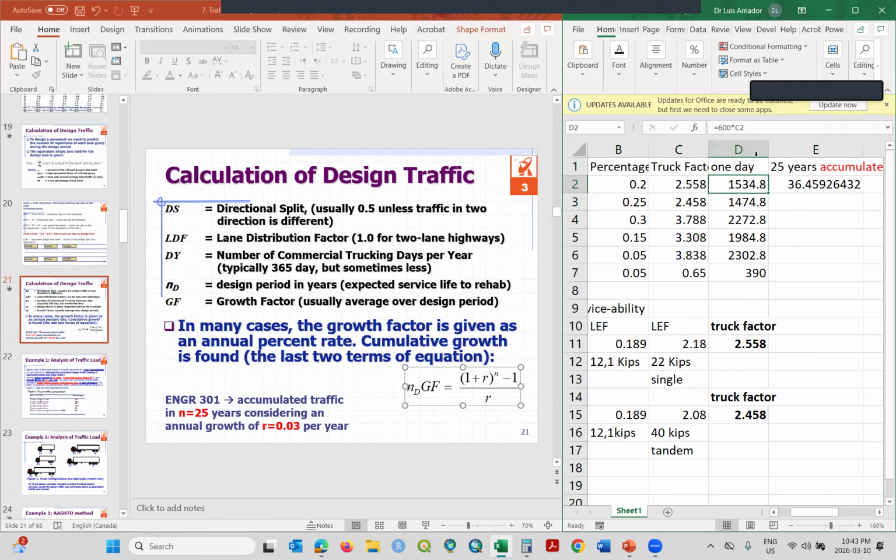Correct? So I still need to multiply this by how many days I have in 1 year. So let's say 365 days in 1 year, okay? And now I need to multiply by 36.45.